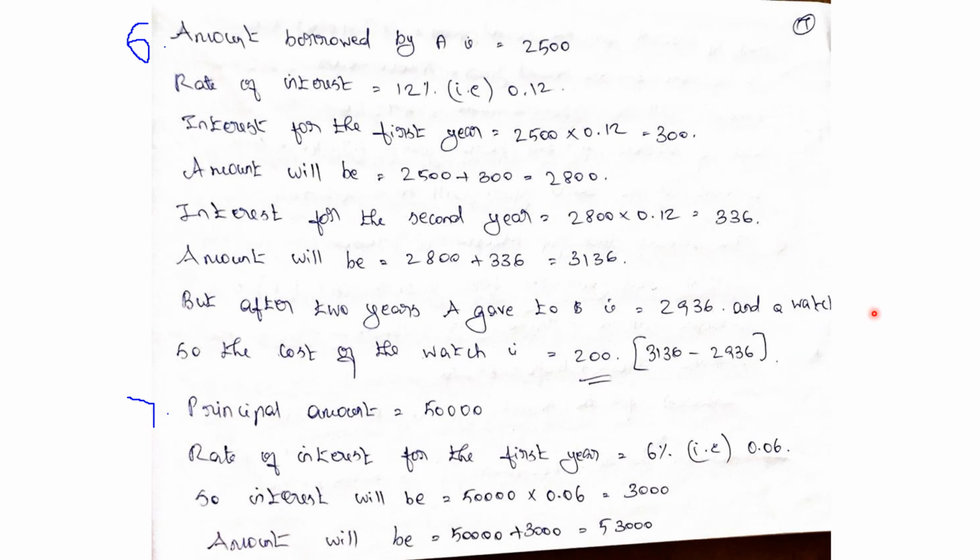How much did A borrow? 2500. So the amount is 3136 minus 2936. Okay, we'll get 200. So 200 is the price of the watch.